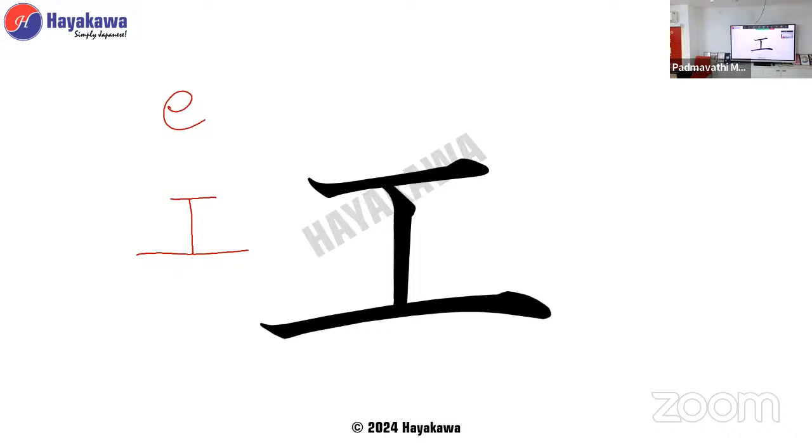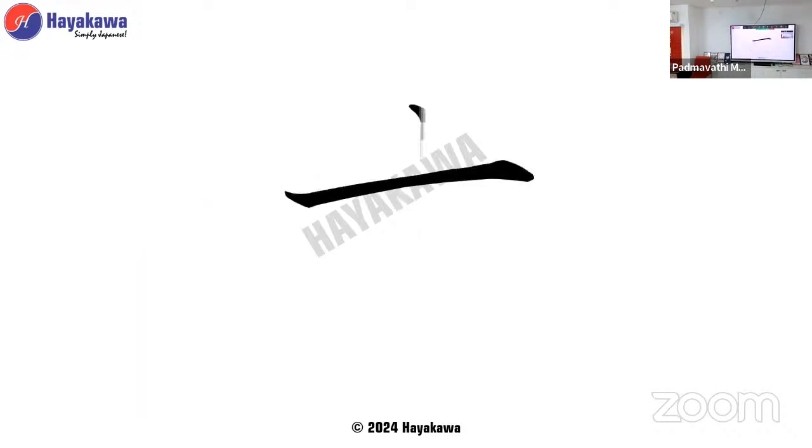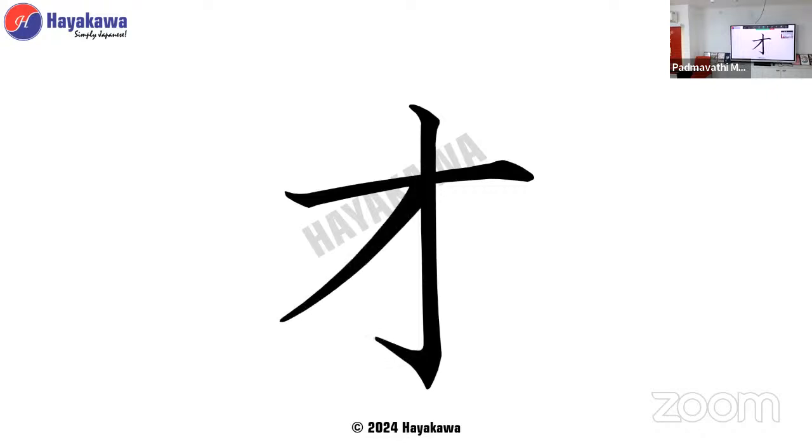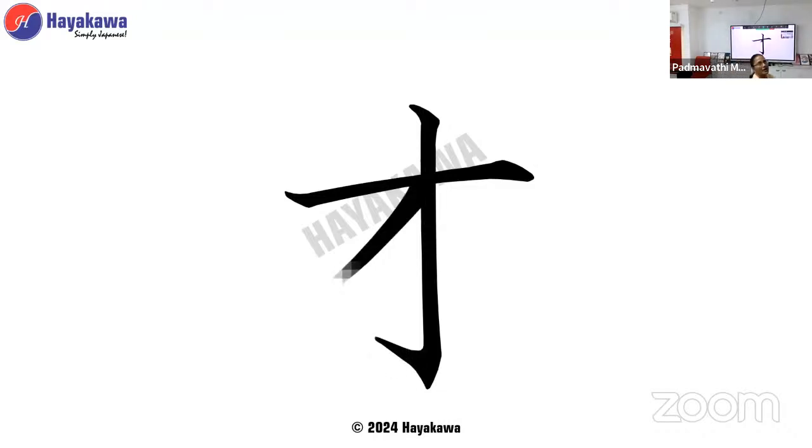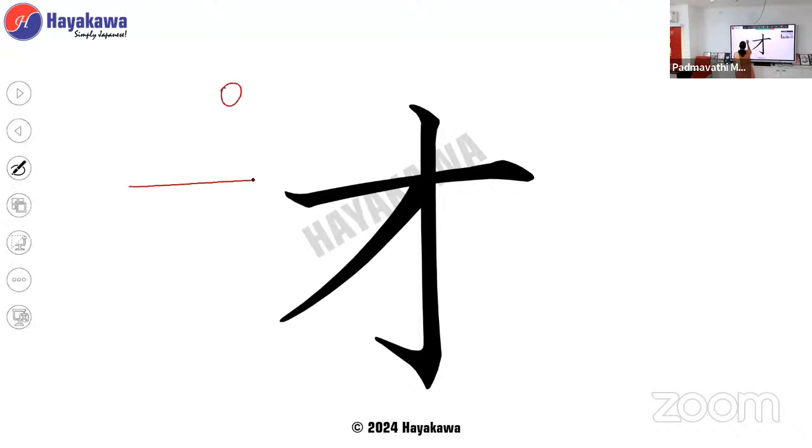This is E. Next is O. 1 up and 3. So this is O. Katakana O. 1 up and like this. So this is going to be O. A, I, U, E, O.